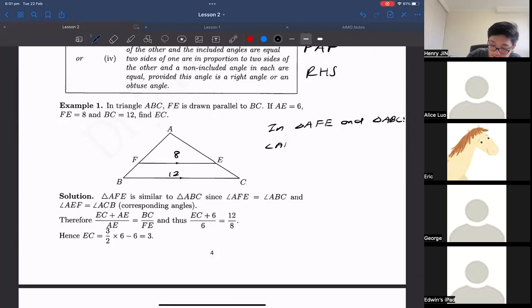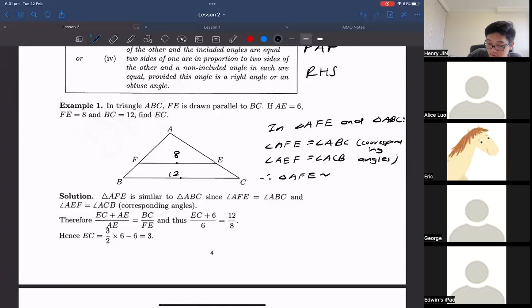Just go first condition, second condition. Then you can say corresponding angles, and therefore they are similar. In Olympiad, you should follow this, as well as in school.